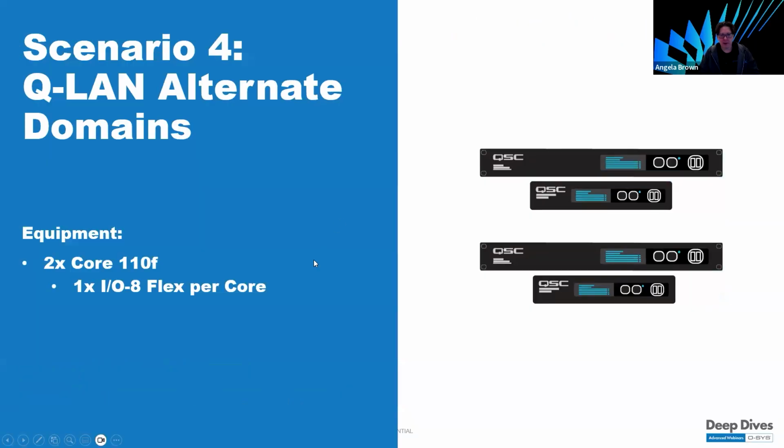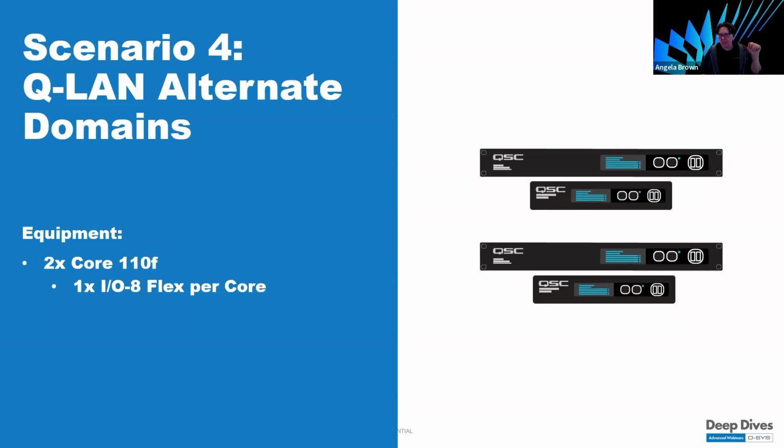All right, so scenario 4, same scenario, but now we want to make sure in this particular situation that core 1 and core 2 can each be the clock leader for their own peripherals.